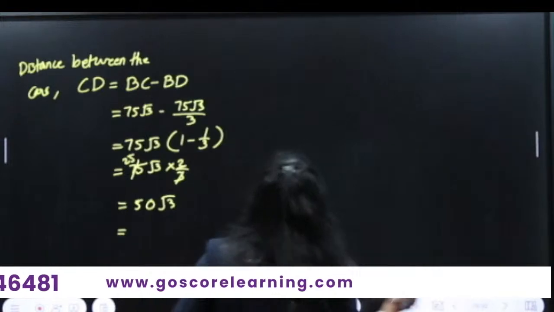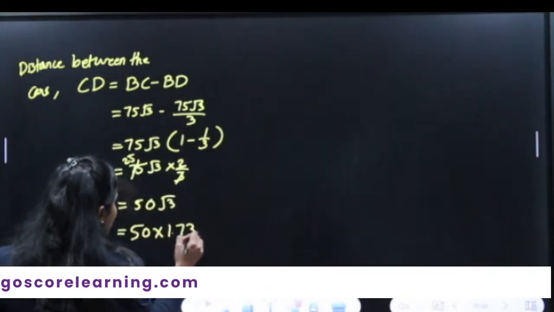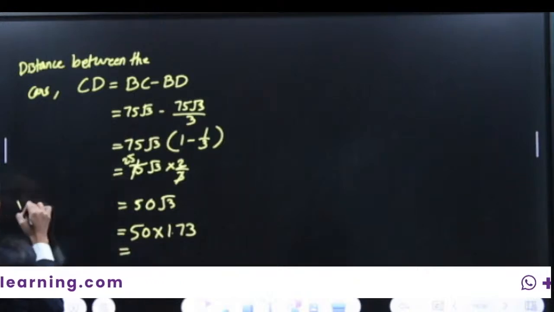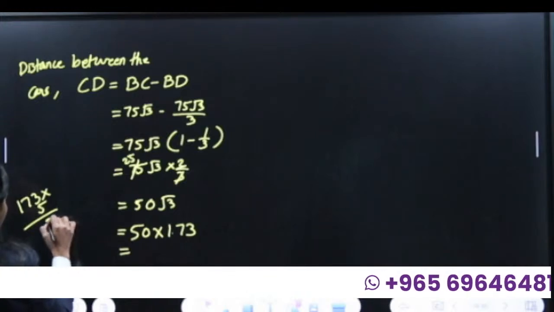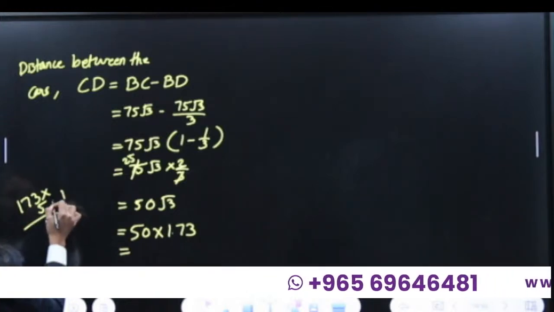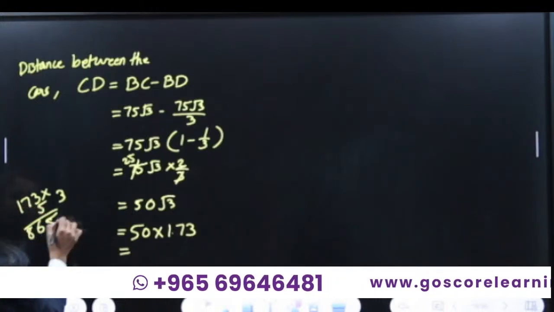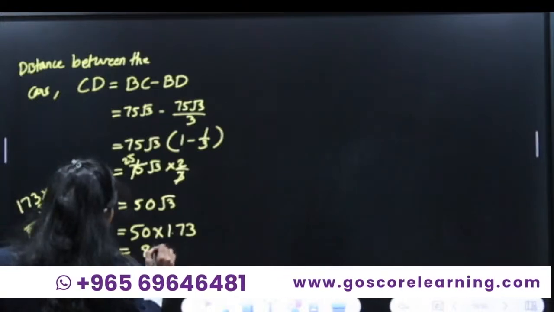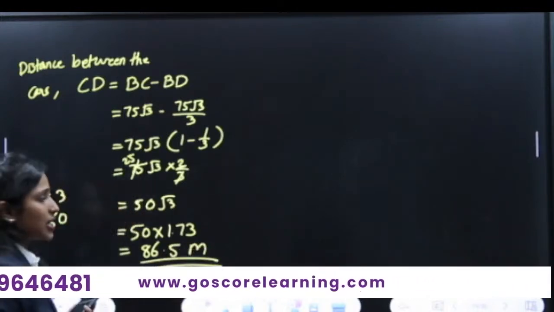So, you will write 50 into 1.73. So, 173 into 5, 173 into 5 is, okay, 7 5s are 35 plus 1, 36. Then 3, 1 5 is 5. So, 86.5 meter will be the distance between the cars.